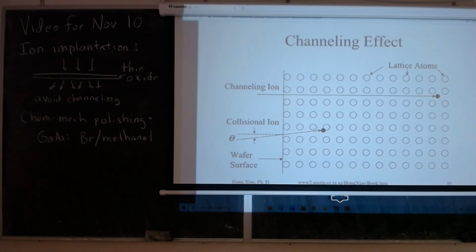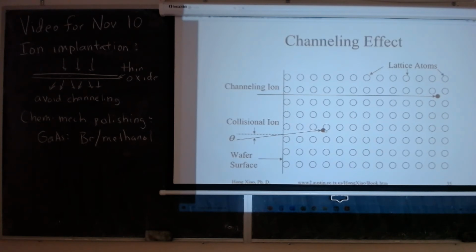if the angle is very shallow, the atom is just going to bounce off one of the lattice atoms and keep going, and it will still channel below a certain angle. The point is that you want a certain amount of energy transfer to occur in that first collision and subsequent collisions so that the implant atom stops. If this angle is too shallow, you will still channel, just like balls bouncing here.